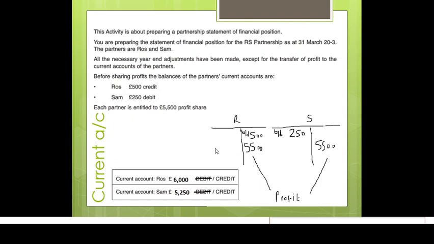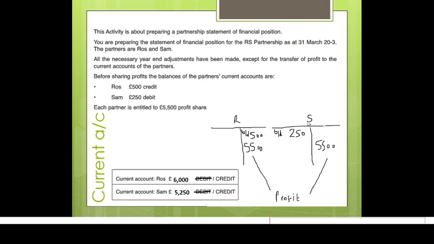I should have done that perhaps, but if you add these two together, Ross has a 6,000 debit balance carried down, which means 6,000 debit carried down, which means 6,000 credit brought down. So the answer for Ross is 6,000 credit.